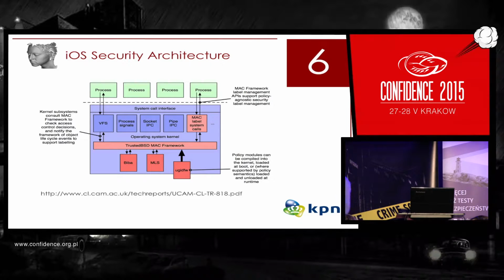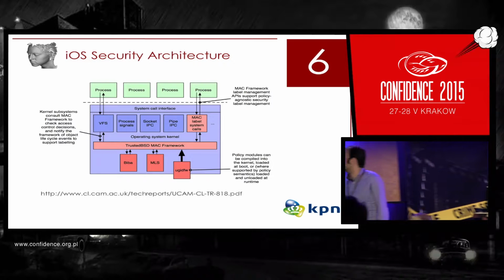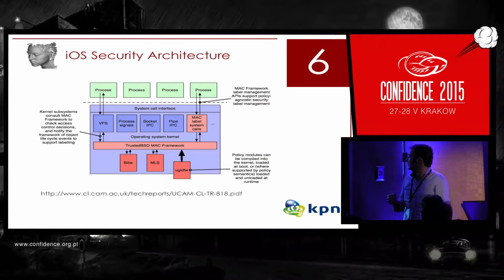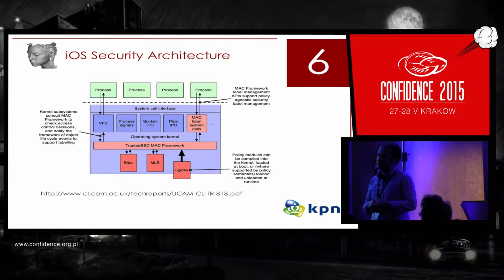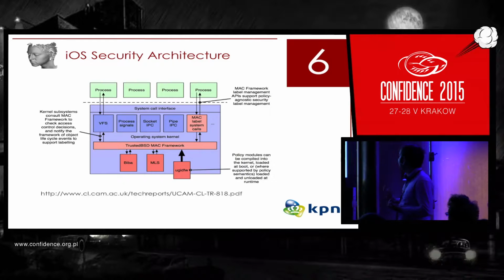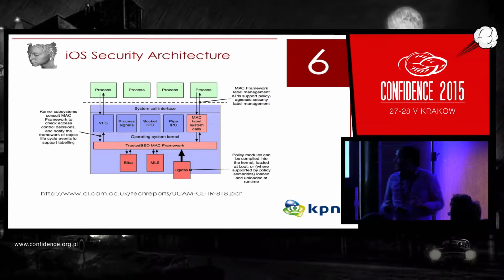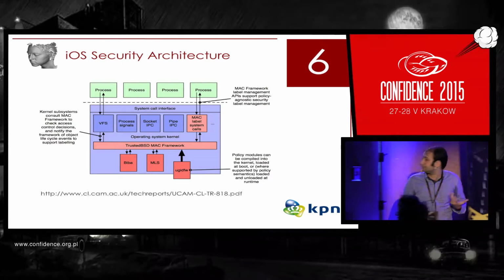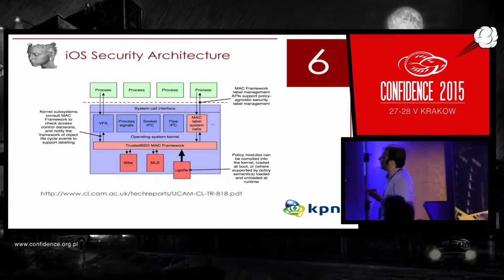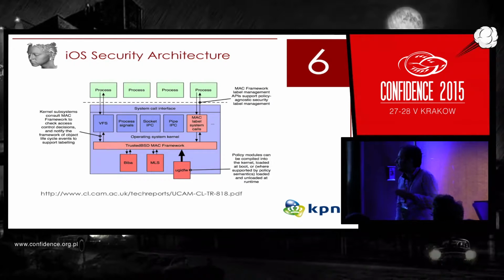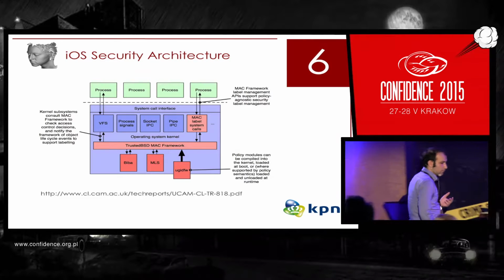The Mac security framework is built upon the TrustedBSD framework, which was first used in FreeBSD systems. It looks like this. It provides four different interfaces for secure system communication, and it defines the virtual file system, process signals, socket inter-process communication, and pipe inter-process communication.